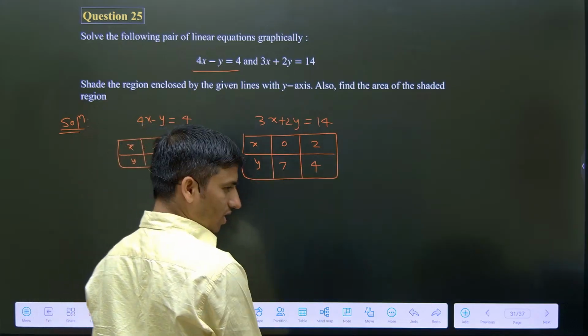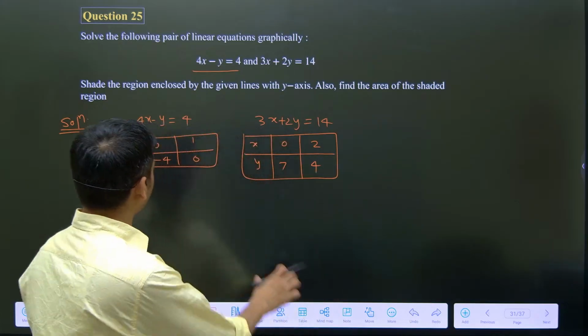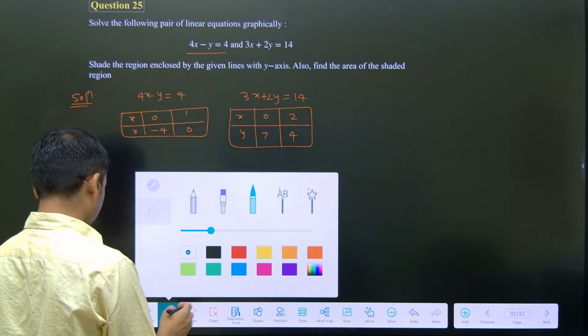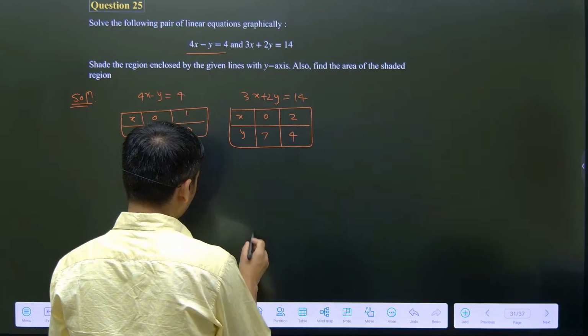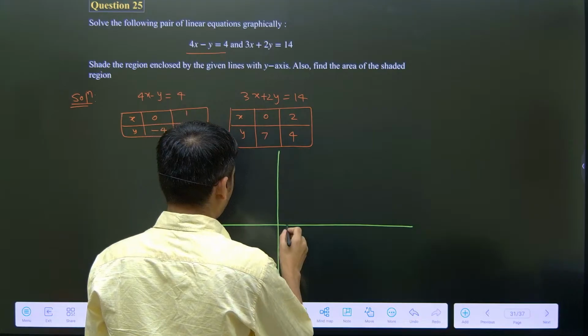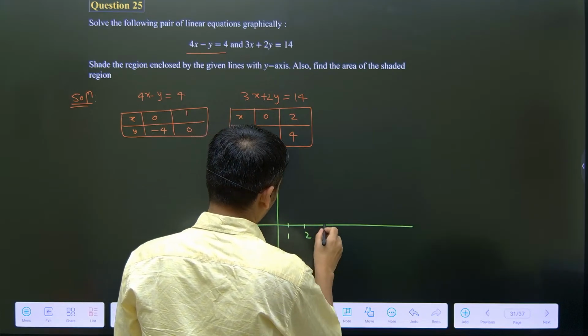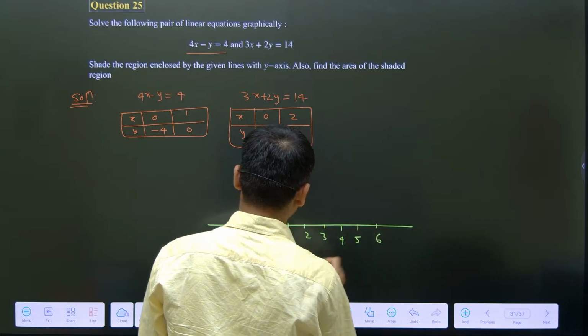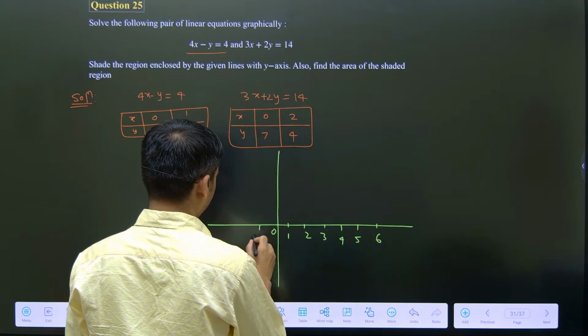Okay, so I am doing it roughly here, but you try to do it on the graph paper, guys. Right now I am not able to find the graph in this. So let's plot the graph. X axis, y axis, 1, 2, 3, 4, 5, 6, 0.